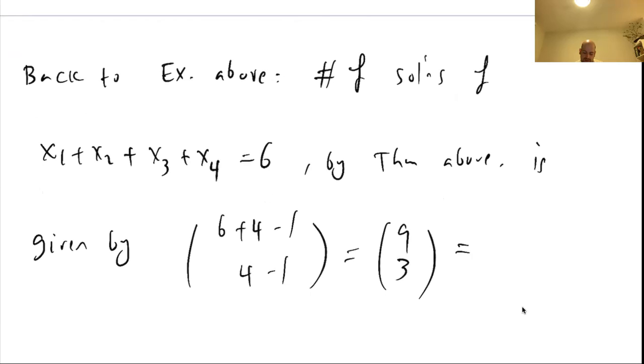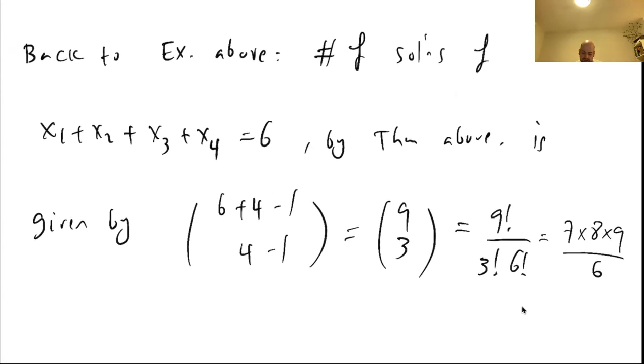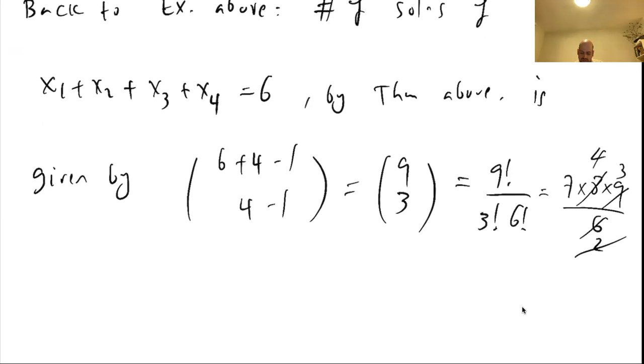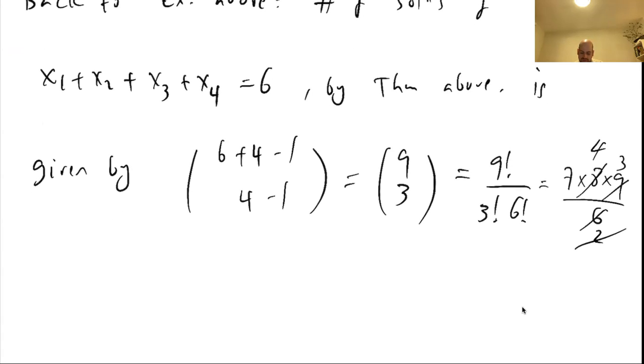And how much is this? 9 factorial over 3 factorial, 6 factorial, 7 times 8 times 9 divided by 6. So this one is 3, 3. Divided by 3 will be 2. And then 8 divided by 2 is 4. And 12 times 7, that's 84.